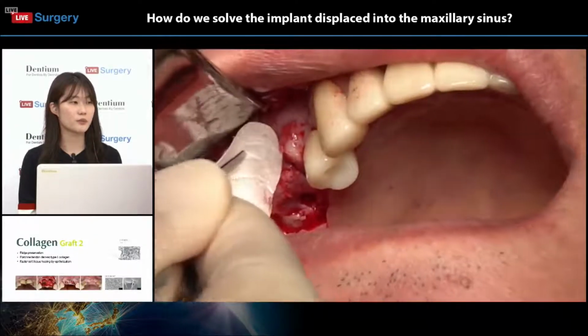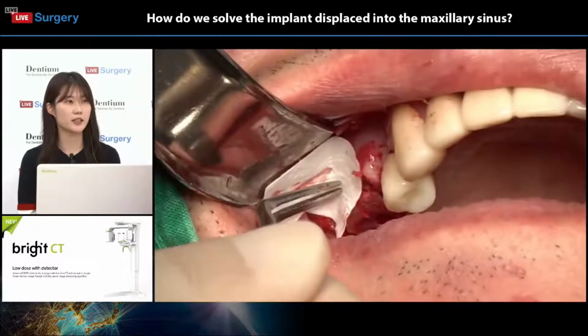He is now putting Collagen Membrane 2 under the sinus membrane.